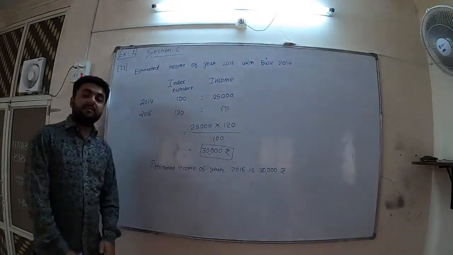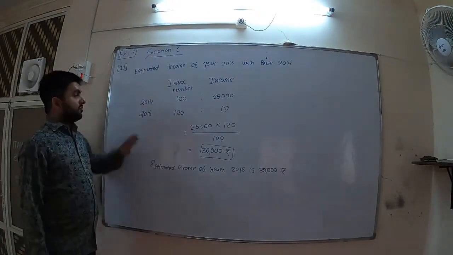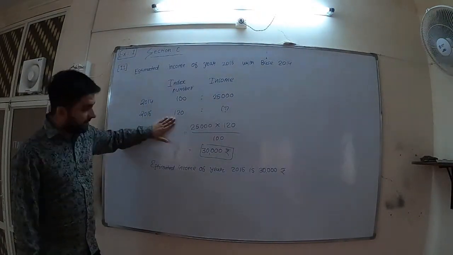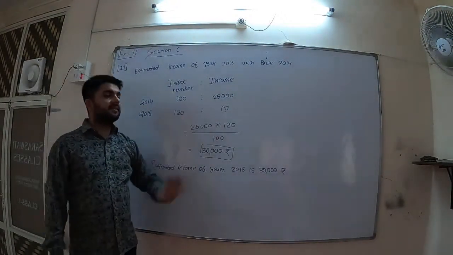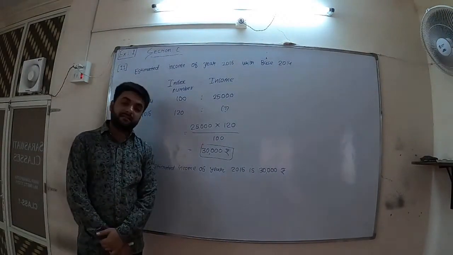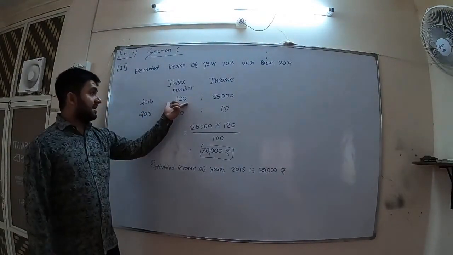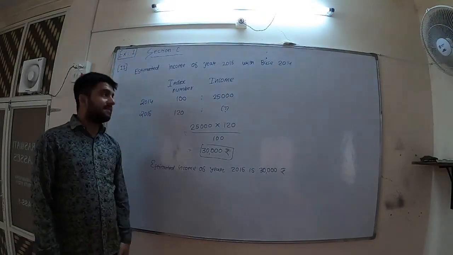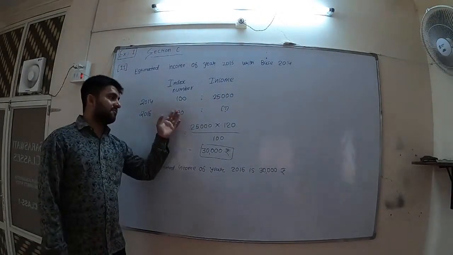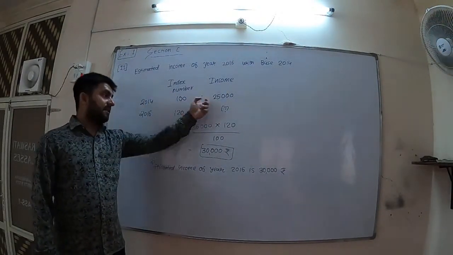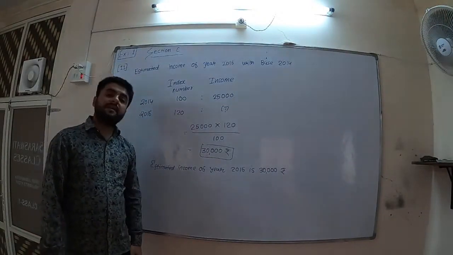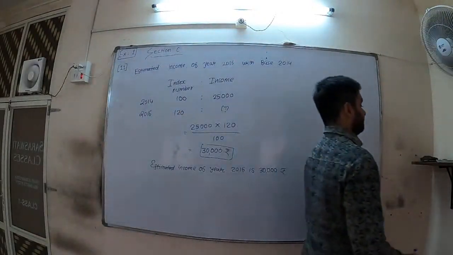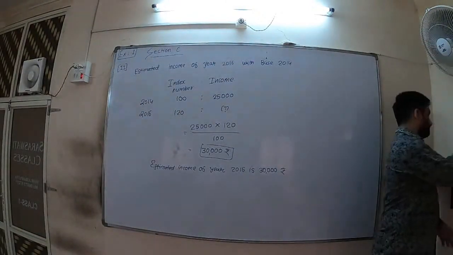Very simple thing to understand. 2 years are given. The index of the current year is given, and the index of the base year is not given. So whenever the index of the base year is not given, take it as 100. 100 is to 25,000, 120 is to how much? Multiply both of these, divide, and you will get the answer. Okay. Look at the sum.